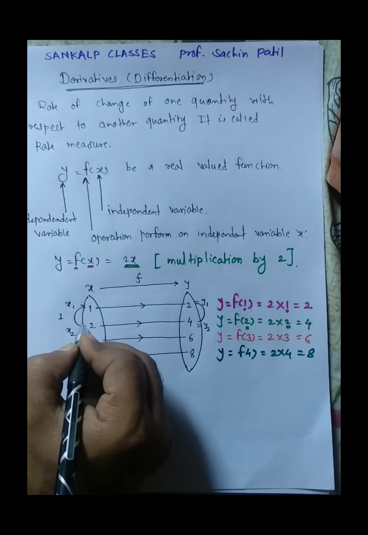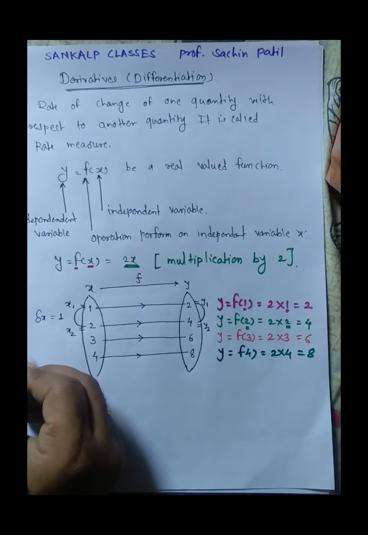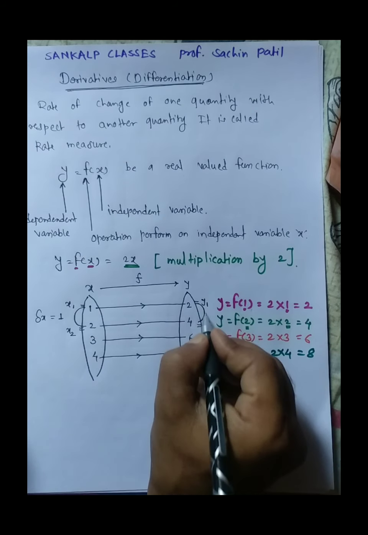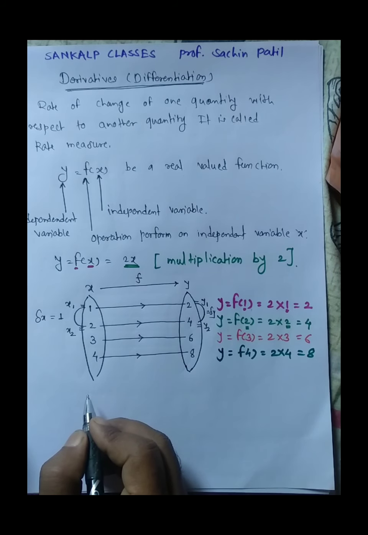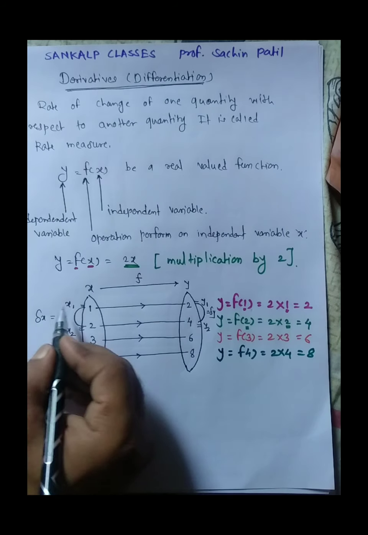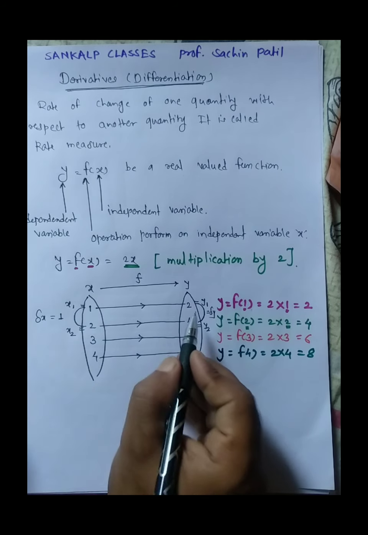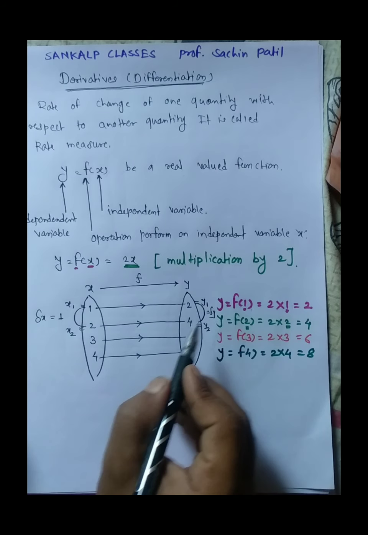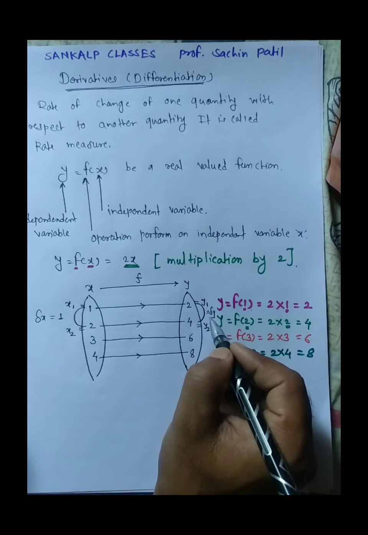The change in x is delta x, and the change in y is delta y. This delta x is the change between these two values, and the corresponding change across the y value is delta y.